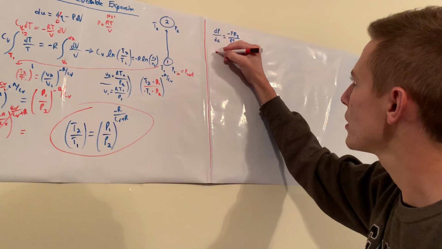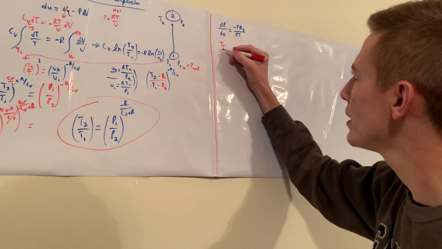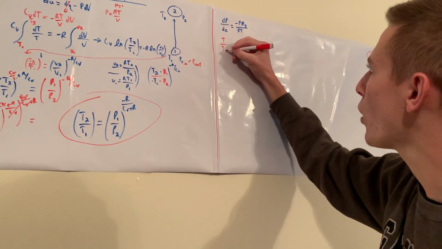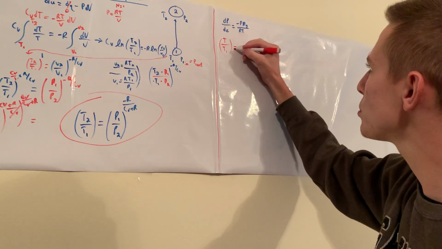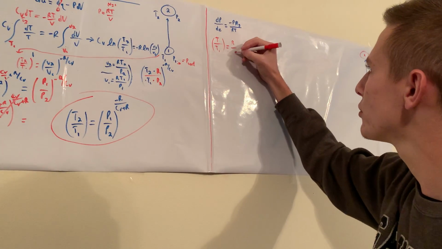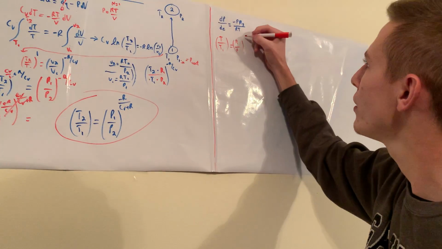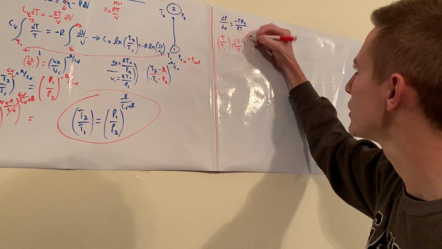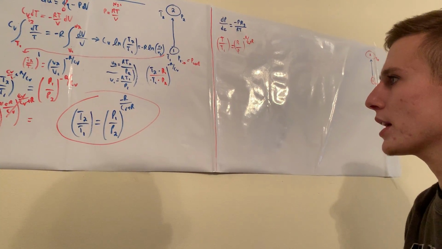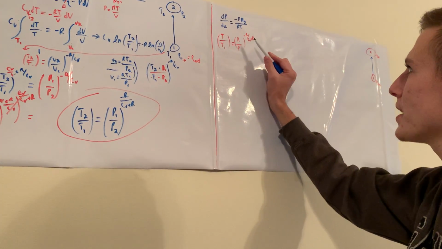We have temperature 2, or in this case, temperature at the final position, which we'll just call T, over temperature initial, T1, is equal to pressure 1 over pressure final, or P2, raised to the negative gas constant R over our heat of vaporization plus our gas constant R again. And we can actually simplify this and get our T final by itself.